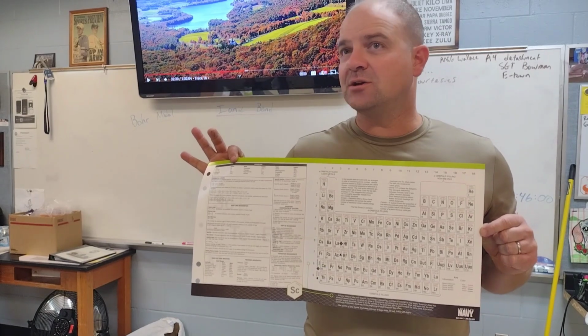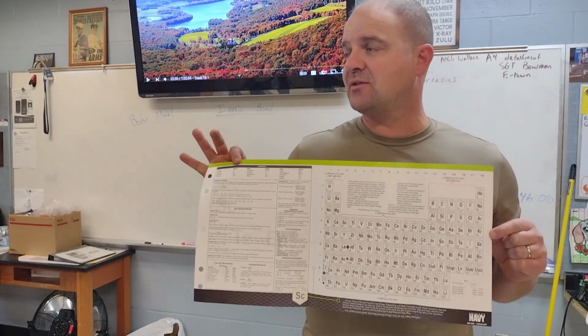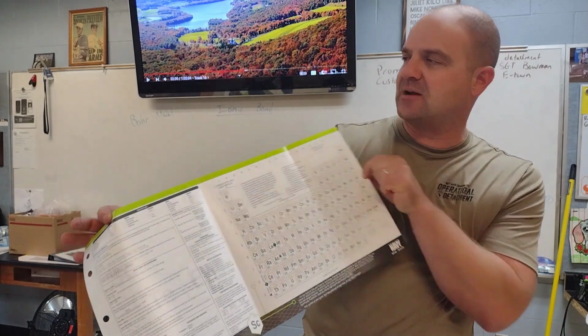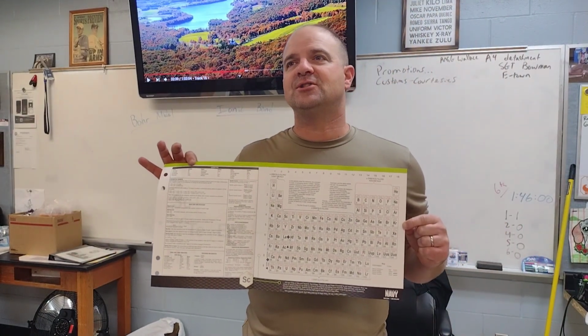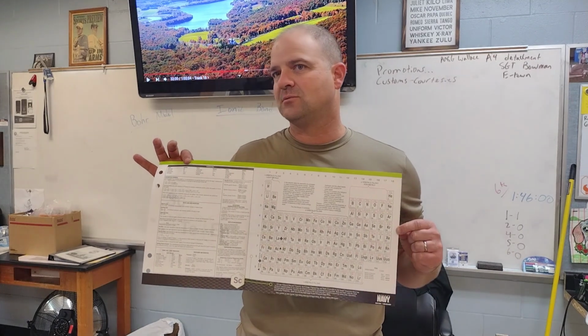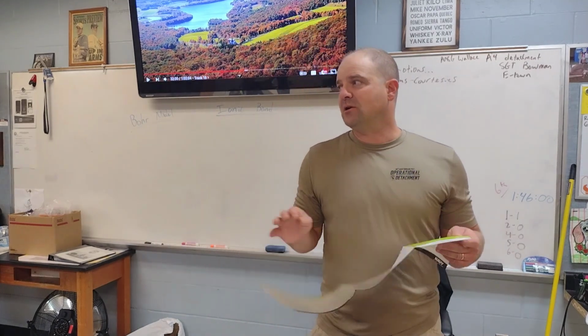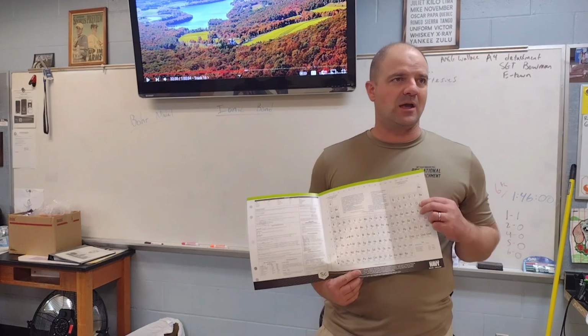Different colors. Okay. Some have more information, some have less. This one has a good amount of information. Do you notice that the numbers are flipped as far as where they're placed? Yes. What I want you to make a mental note of right now is no matter if you're using a periodic table new to you, they are not always configured the same way.